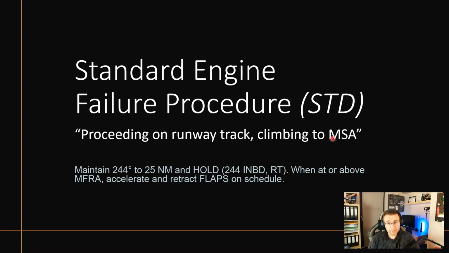In the provider database, all the standard engine failure procedures are mentioned as standard, STD, which basically means proceeding on runway track, climbing to MSA. You can also have this text right there as a guidance, or you can have even more detailed, like this one: maintain 244, which is the runway track, to 25 nautical miles, which is the radius of your MSA.